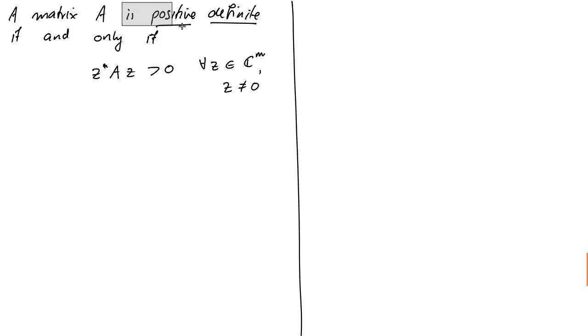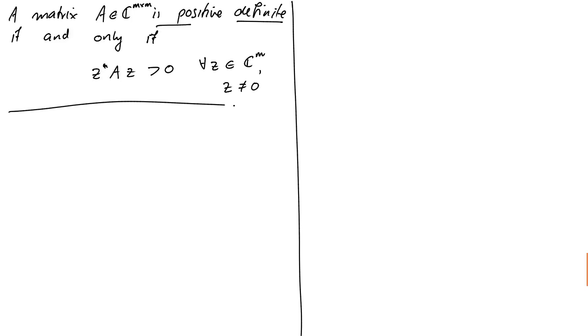Okay, so I should also say that the matrix A is C m by m. Positive definite if and only if that statement there is true.